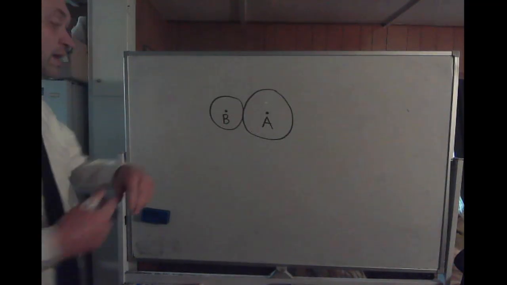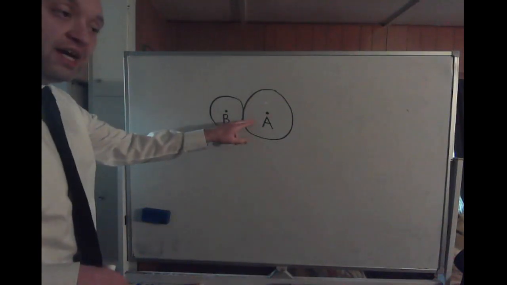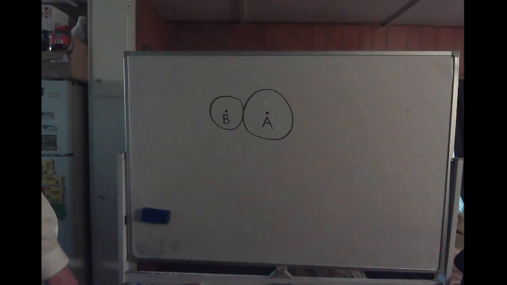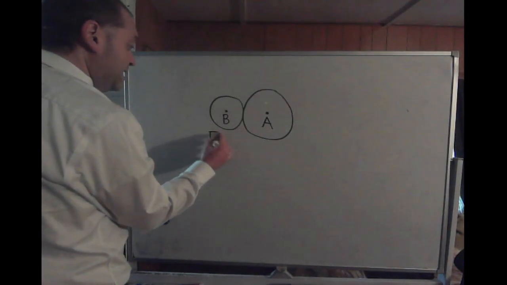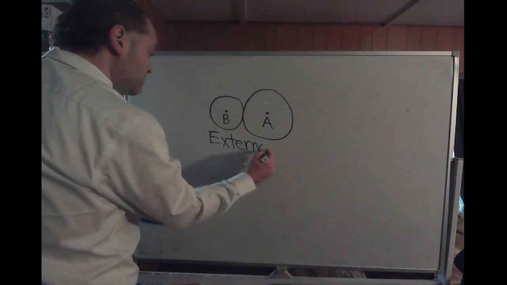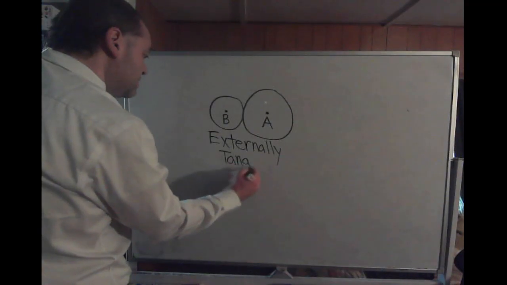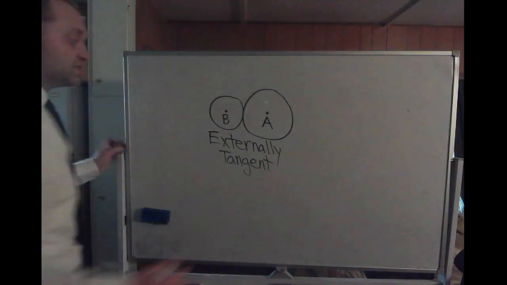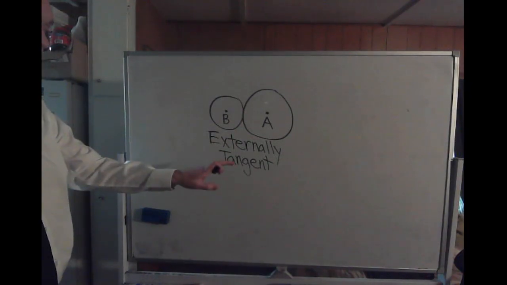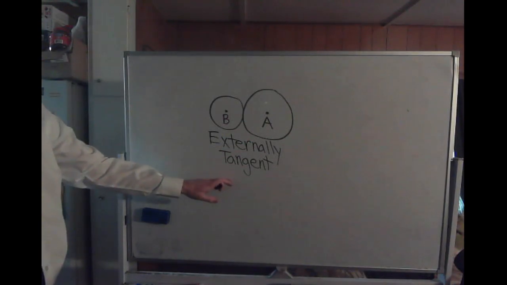So they touch at one point. When you have two circles that are outside of each other touching at one point, these two circles would be externally tangent. So if you have two circles that are outside of each other and they touch at exactly one point, they are externally tangent. So circles A and B are externally tangent to each other.